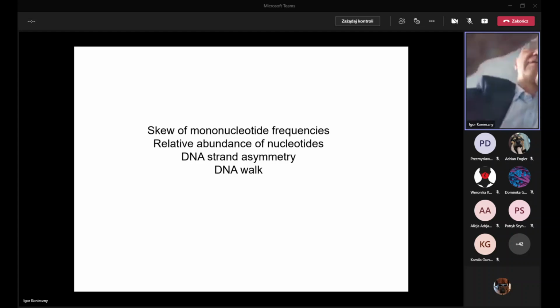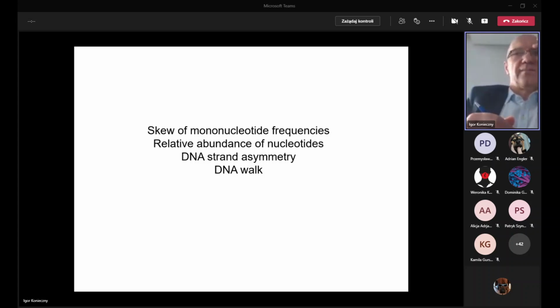You can find in literature different names for the same thing, but what is the skew of mononucleotide frequencies? We can also say skew of distribution. So it's similar. So what would be the skew of distribution of mononucleotides?